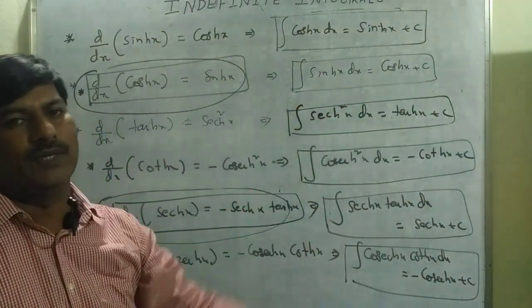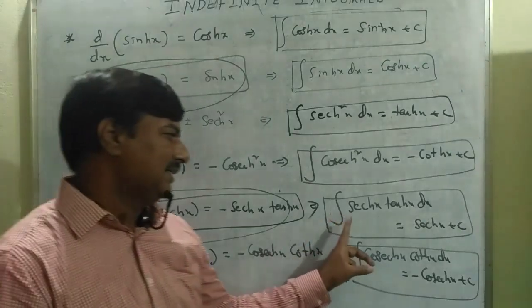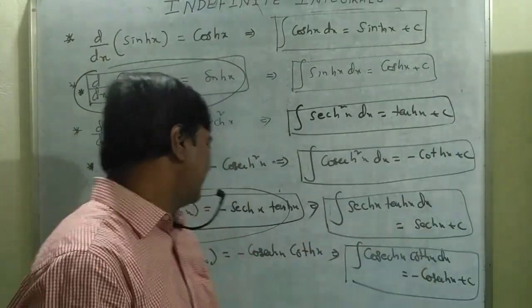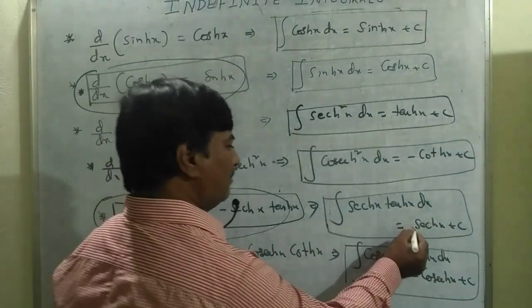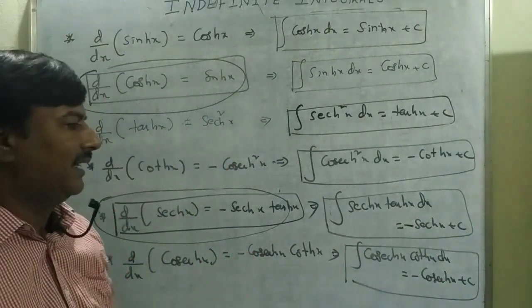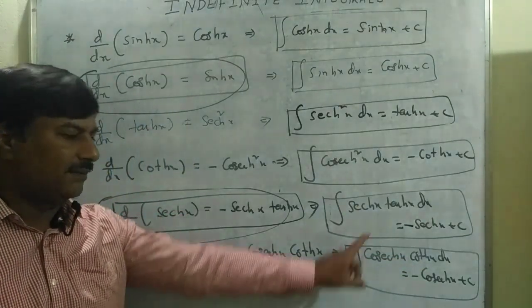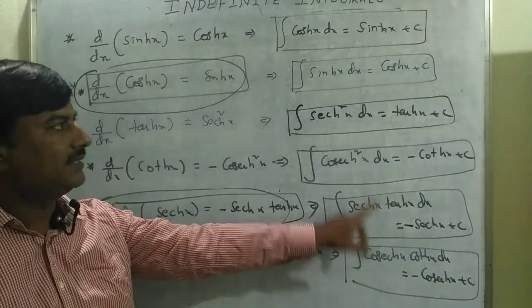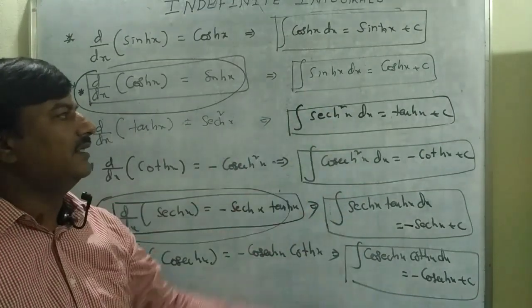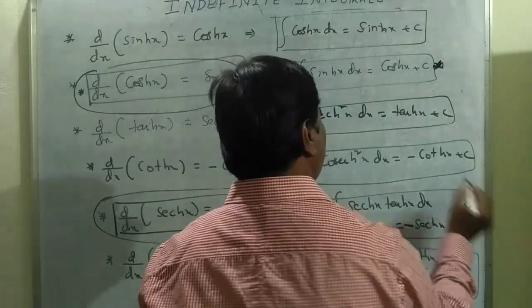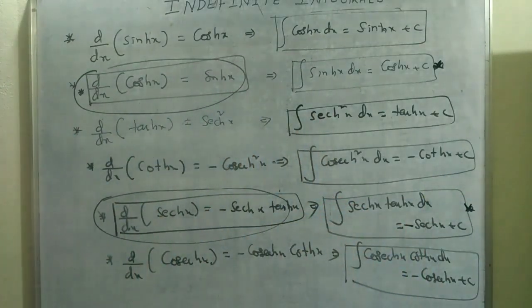In the hyperbolic case, the integration of sech x tanh x is minus sech x, and in the trigonometric case, the integration of sec x tan x is plus sec x. These two are very important to remember.